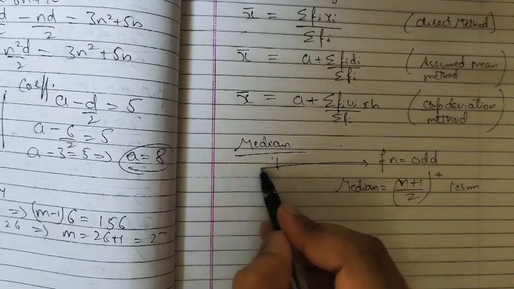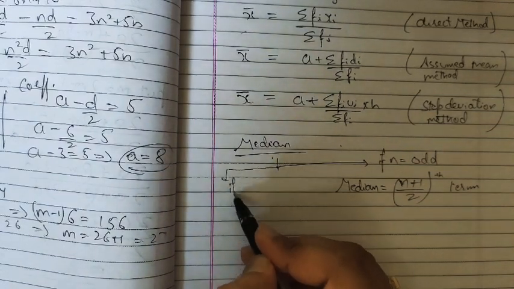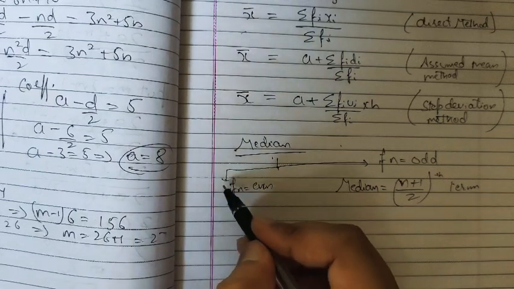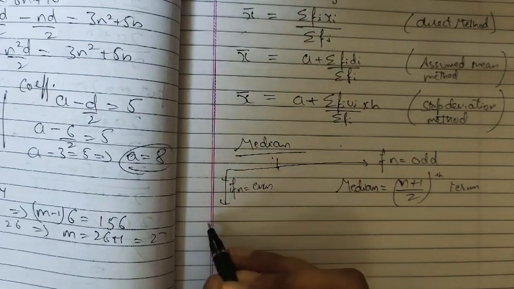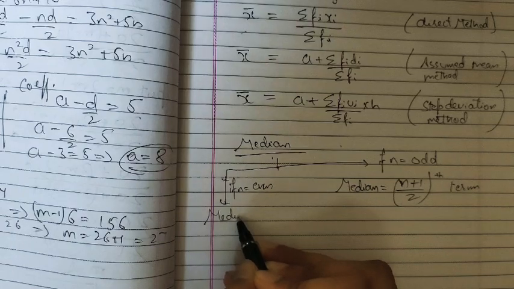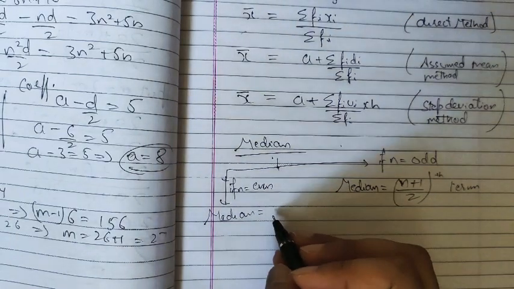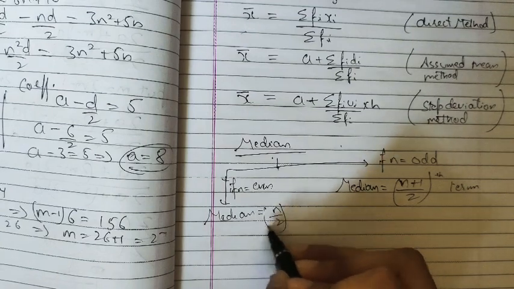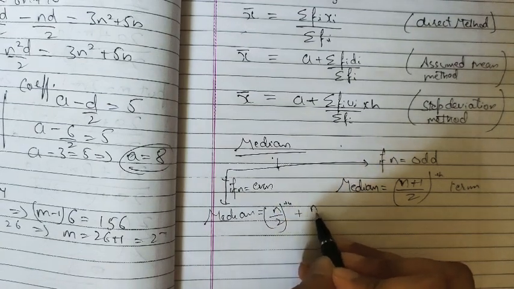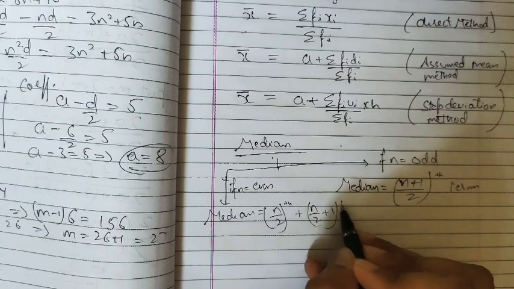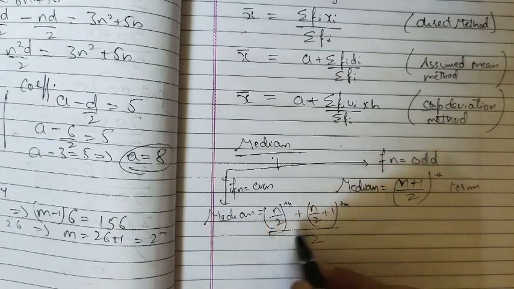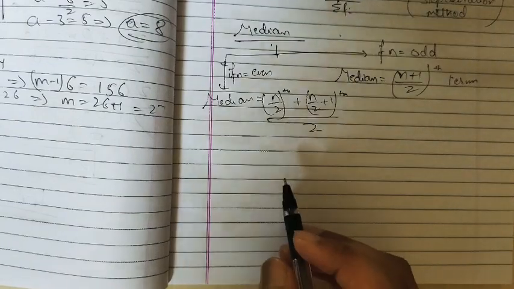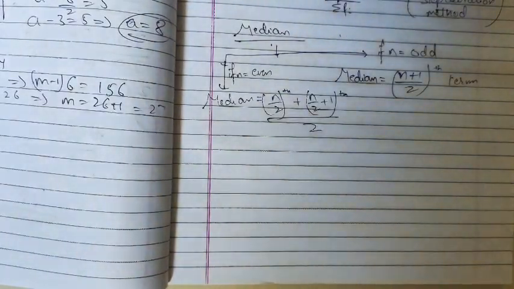Similarly, if n is even, where n means number of terms, the median will be the average of the n by 2 th term and the n by 2 plus 1th term. There is another formula for median also.